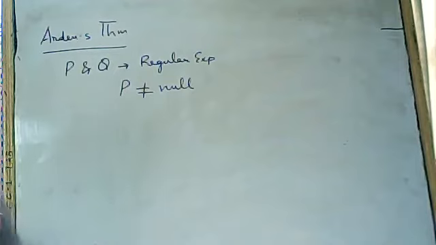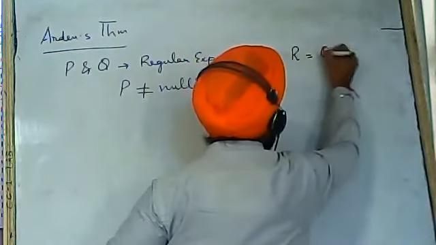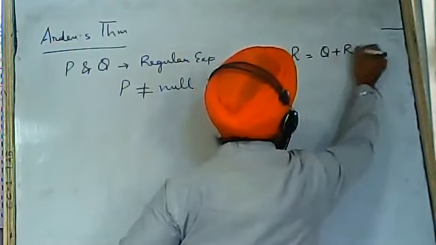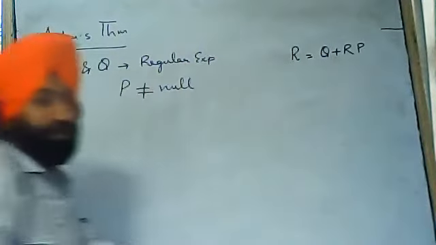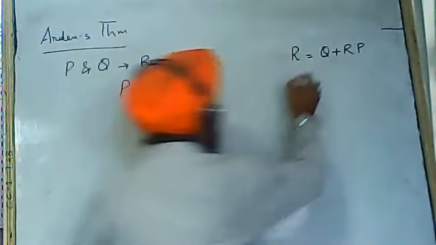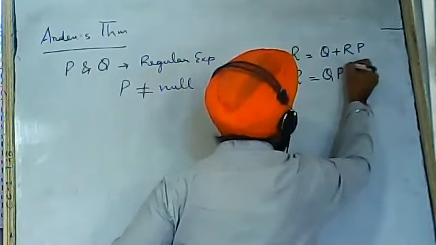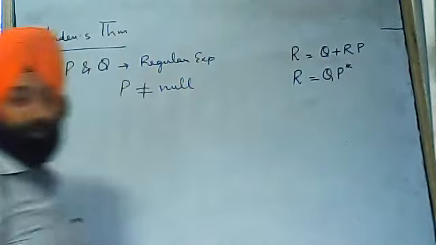And the equation R is equals to Q plus RP has a unique solution given by R is equals to QP star, right?